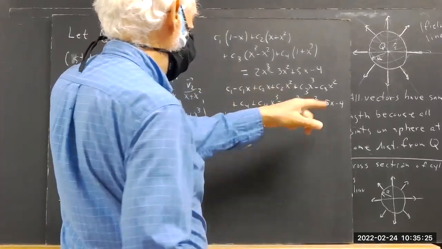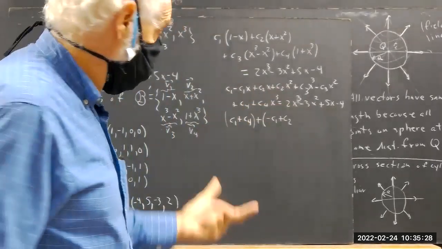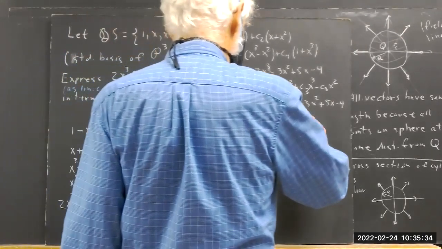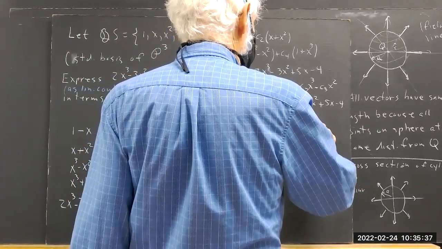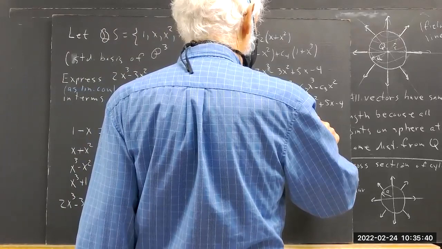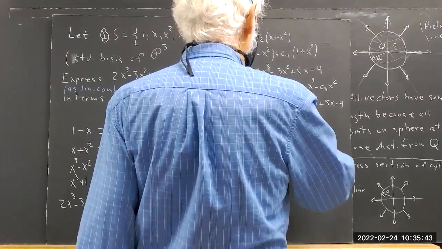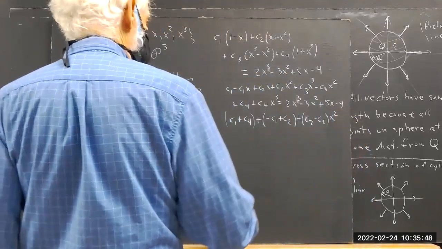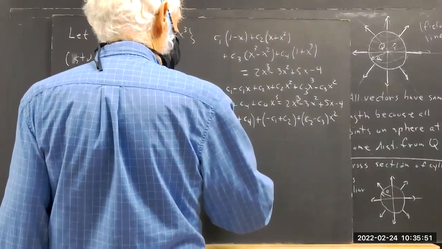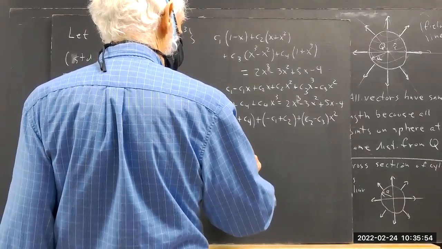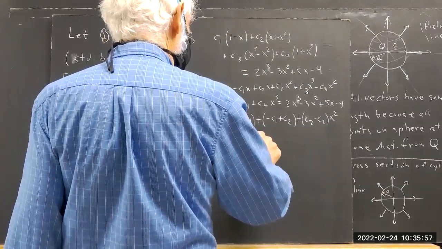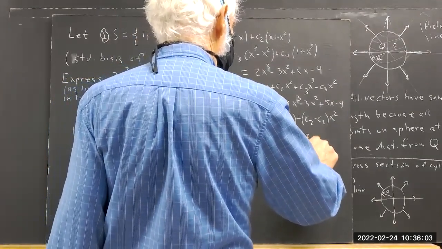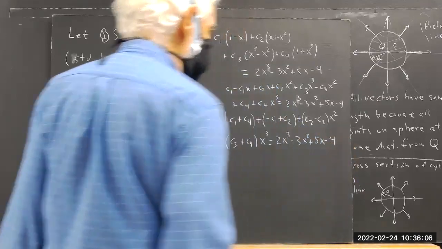Do I have any other x's unadorned with exponents? No. That's all I have for just multiples of x. And then I have C2 x squared and minus C3 x squared. And then on x cubed, I have C3 plus C4 x cubed equals 2x cubed minus 3x squared plus 5x minus 4.